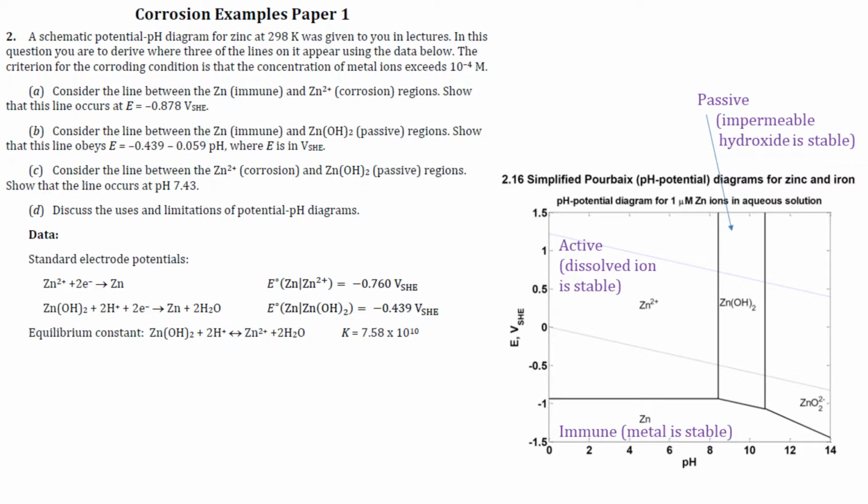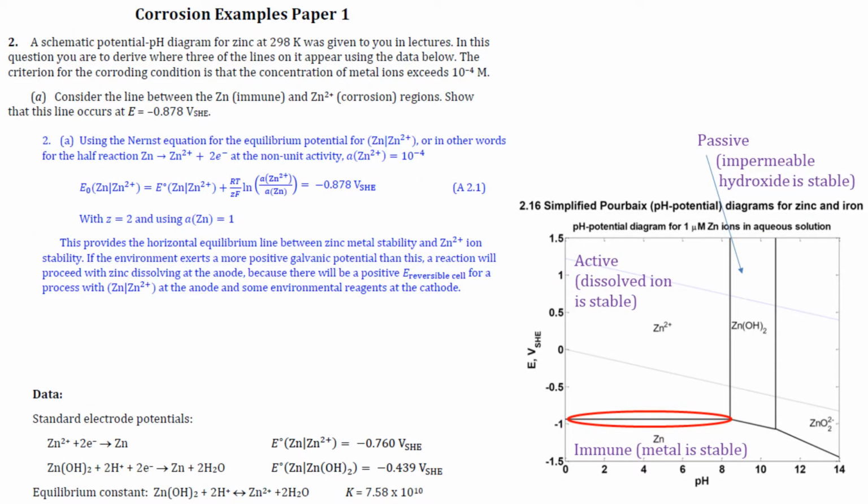Anyway, part A asks about the pure redox equilibrium between zinc metal and zinc 2 plus ions. So all we need is the Nernst equation, as in equation A 2.1, to give the equilibrium potential at non-standard ion activity, which in this case is 10 to the minus 4.